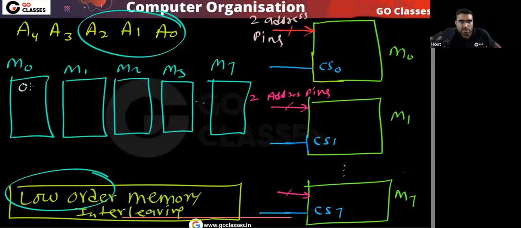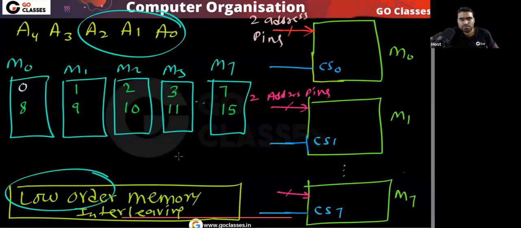So you can see address 0 is available in M0, address 1 in M1, next address in M2, next in M3, and so on. This address will be available in M7. This address here, next address here, next here, and so on. Is this clear? Please tell me.